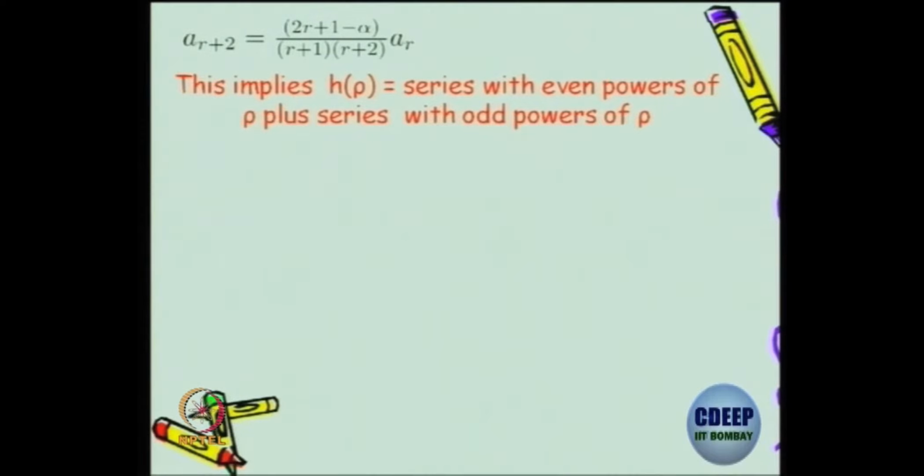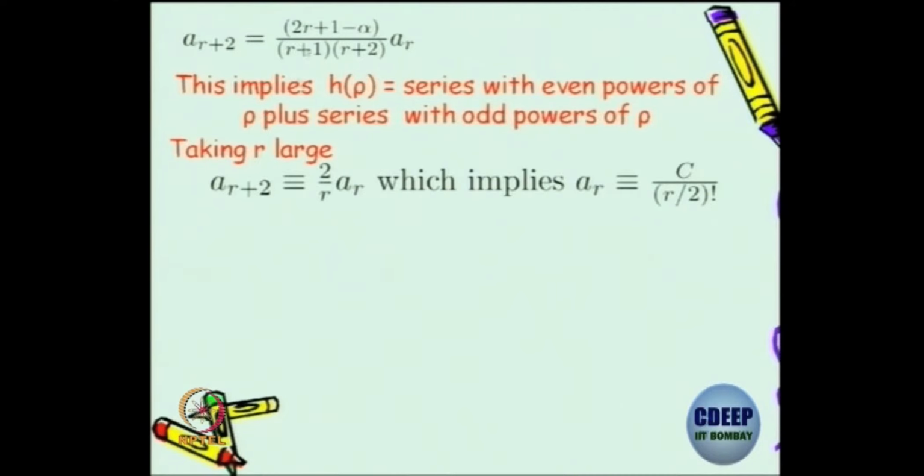Okay. So, I have already said that from this condition, you can write h of rho with a series with even powers of rho with the coefficients of the higher powers related to the lower coefficients, and similarly another series with odd powers of rho.